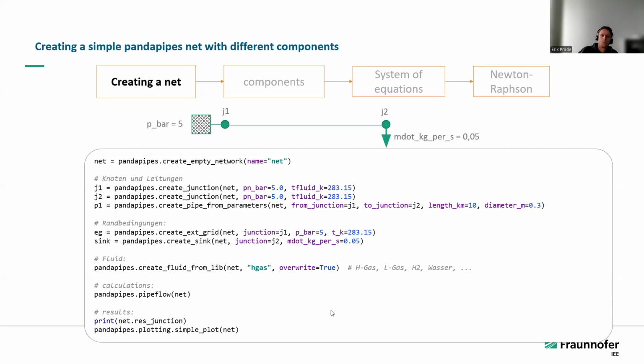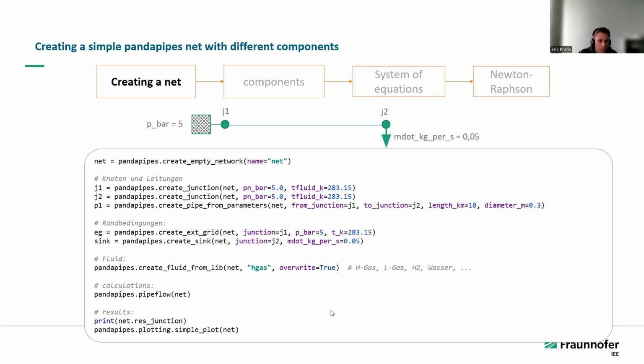For the junctions, you also specify the nominal pressure and the fluid temperature, which are then used in the calculation as initial values. And then for the pipe, if you are not using standard types, you can define it like this with your own diameter and roughness, but most importantly, from which junction to which junction it is connecting, and also define the length.